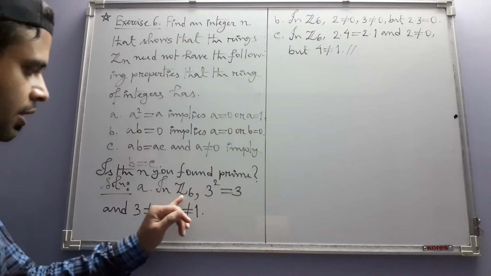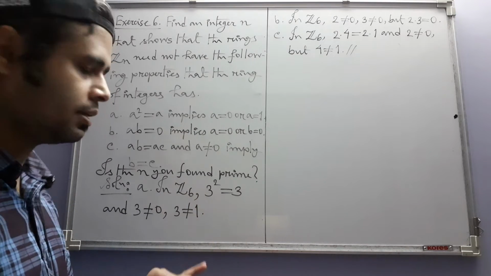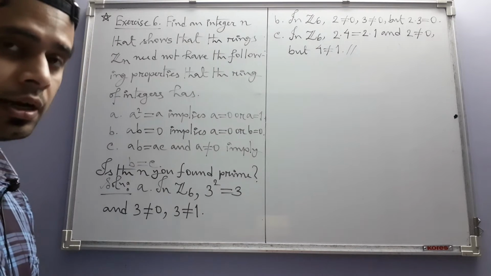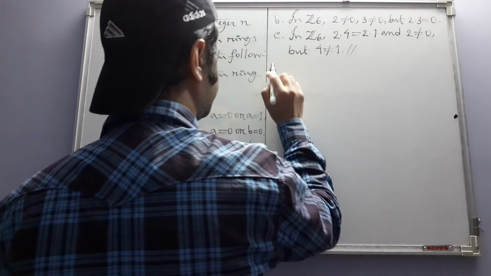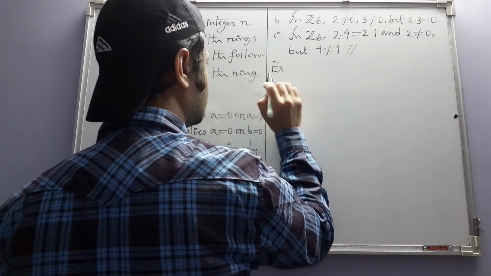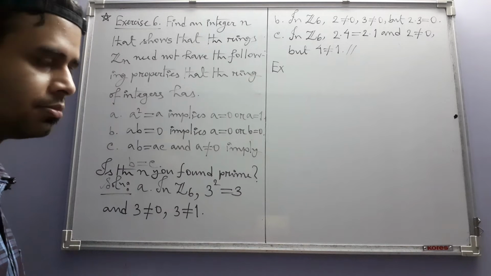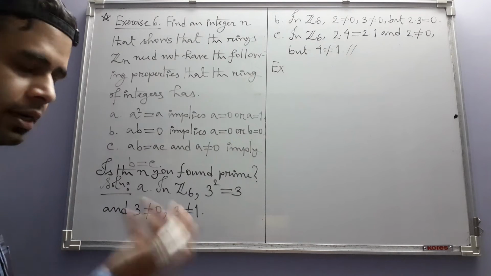No, the n we have found, which works in all the 3 cases, is 6. It's not prime, and the reason is found in the next exercise. It cannot be prime, because when in Zn, the n is prime, then in that type of ring these properties again are true.